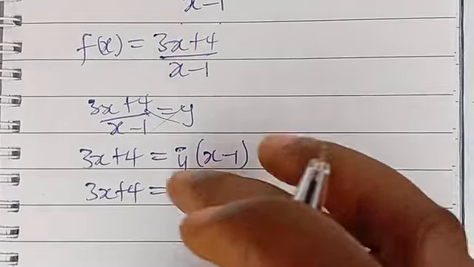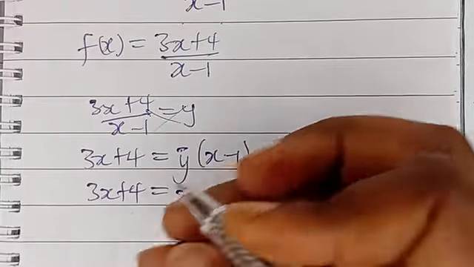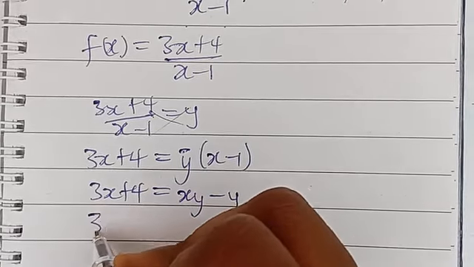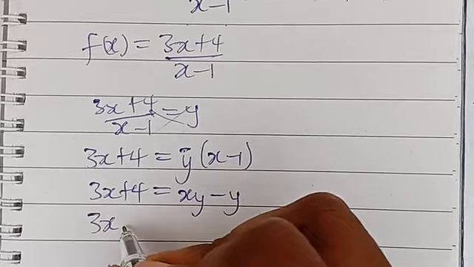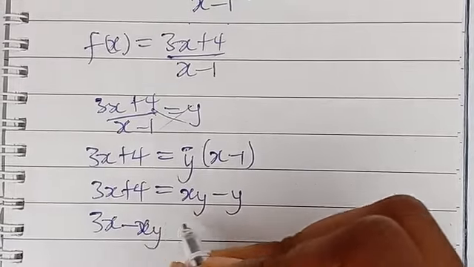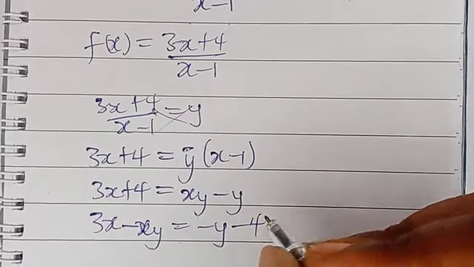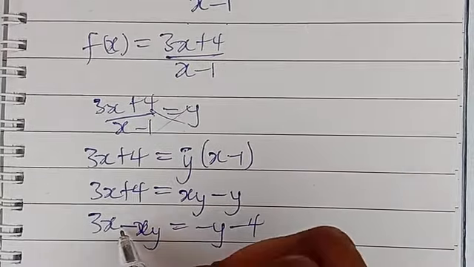Then we collect all the terms in x to this side. Remember that is what we are doing to change the subject of this equation. We have 3x, the xy comes over as minus xy, is equal to minus y, which is already here, plus 4 crosses over to be minus 4. Then we factorize.